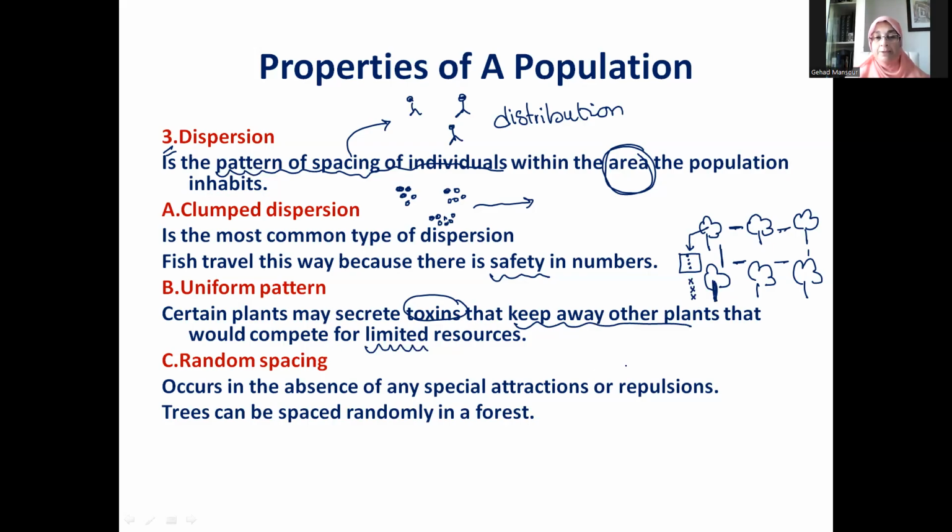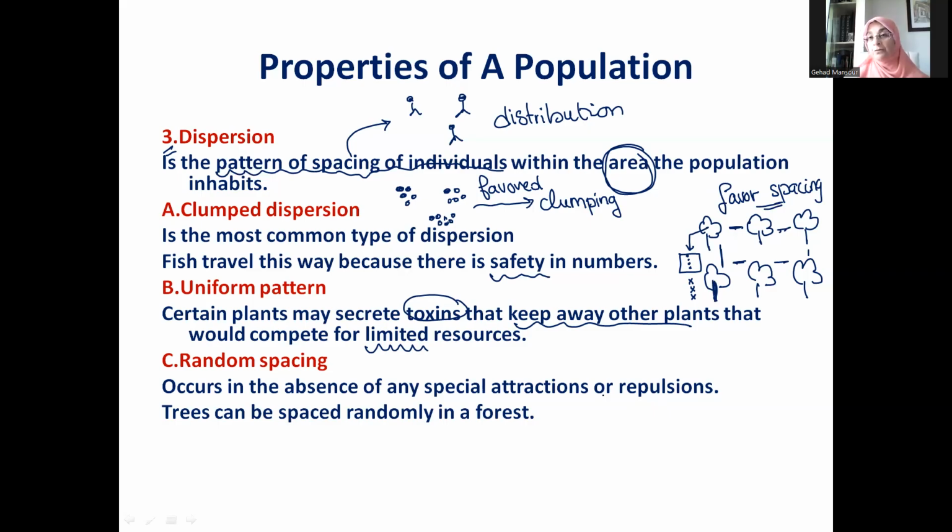And then we have random spaces. Here we had factors that favored clumping, and those factors were mainly being exposed to danger. Here we had factors that favor spacing, and these factors were the limited resources.